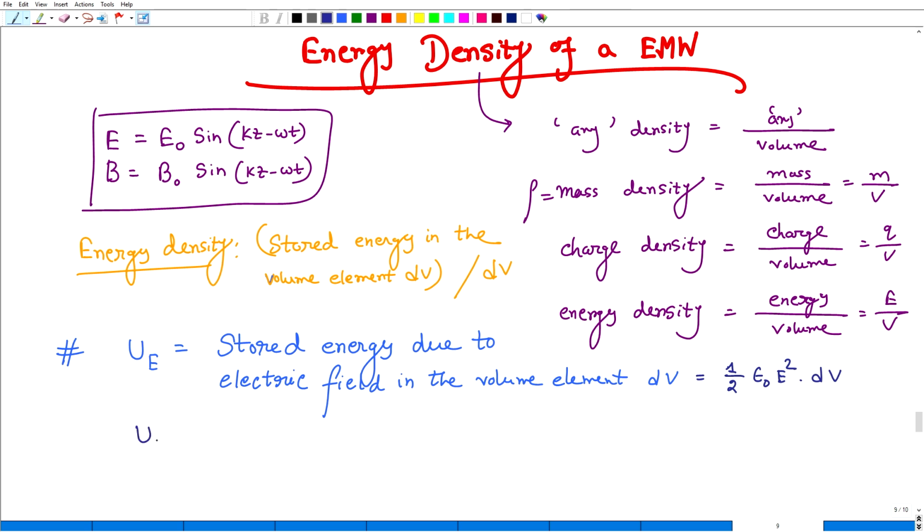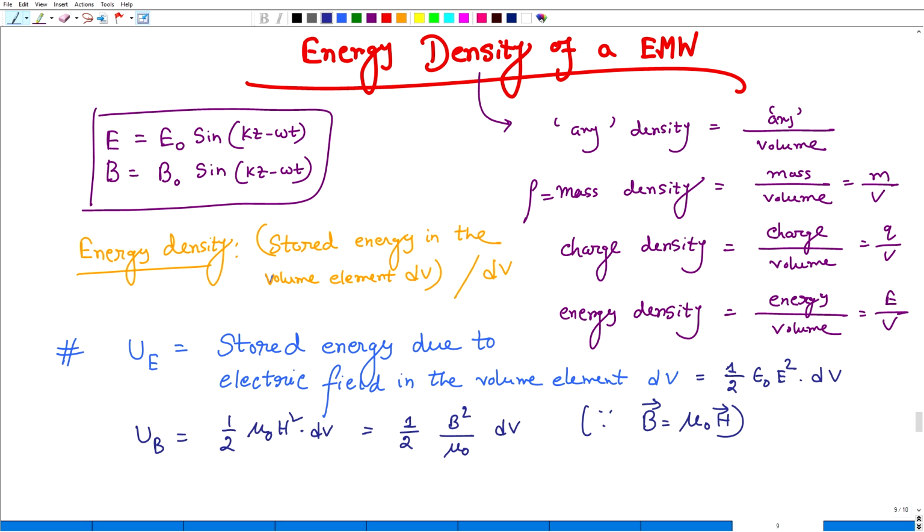Similarly, UB is the stored energy due to the magnetic field in the volume element dV. Here it will be mu naught H square dV, half mu naught H square dV. We can also write this as B square by mu naught dV, as we know from electromagnetism that B equals mu naught H. So, this is the UB, the energy stored due to the magnetic field in the volume element dV.